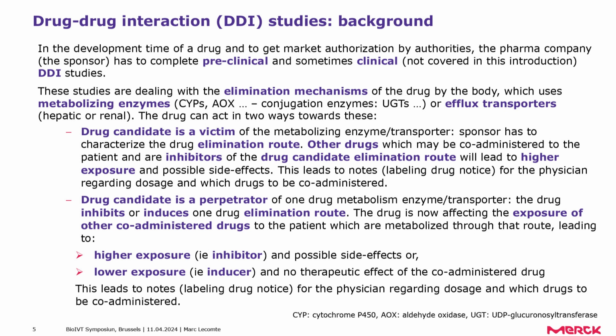So if the drug is an object of a metabolizing enzyme or transporter, the sponsor has to characterize by which elimination route it occurs. And in this case, other drugs, which can be co-administered with your drug, can act as inhibitors of the elimination route and will lead to higher exposure and possible side effects of your drug.